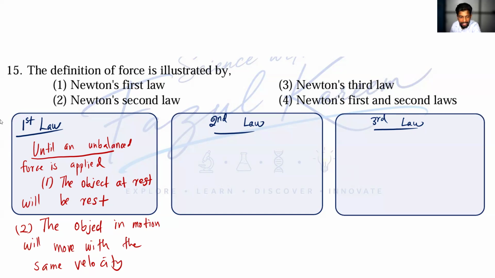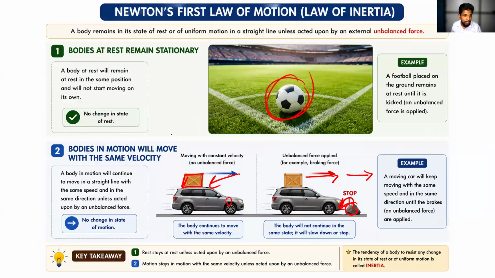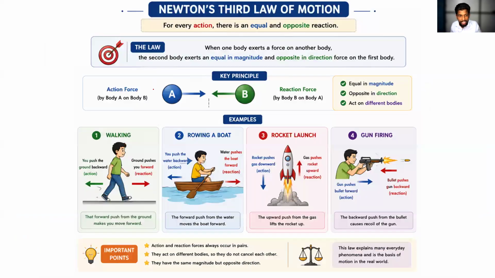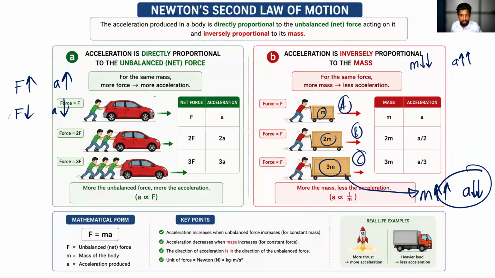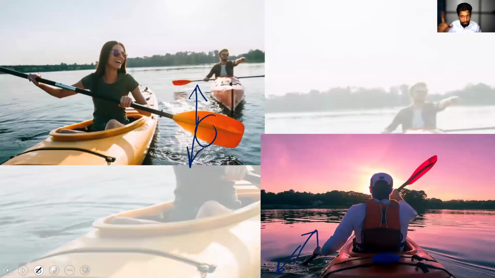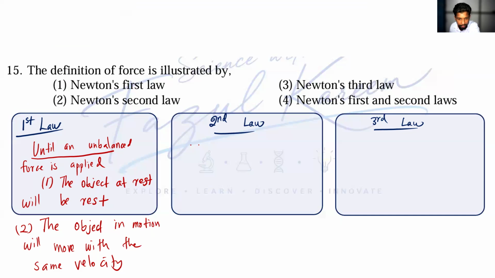Newton's second law. What is Newton's second law? There are two things, directly proportional and inversely proportional. The acceleration is directly proportional to force, inversely proportional to mass. You may remember that. What is the meaning of that? We'll divide it into two, same as earlier.